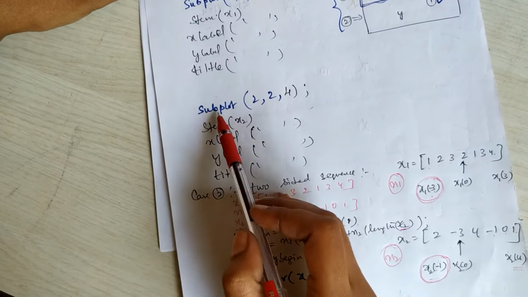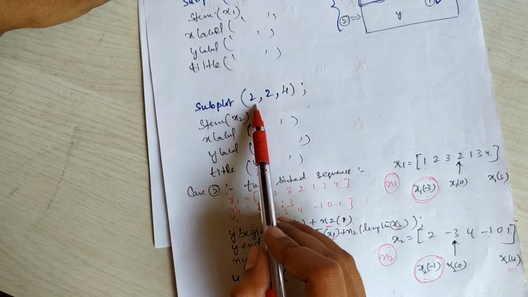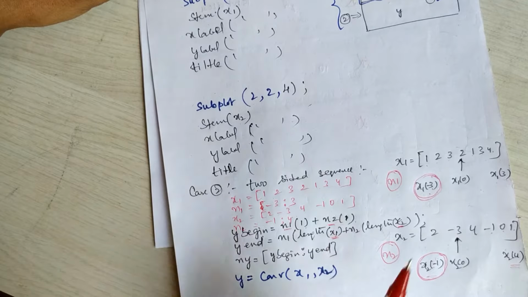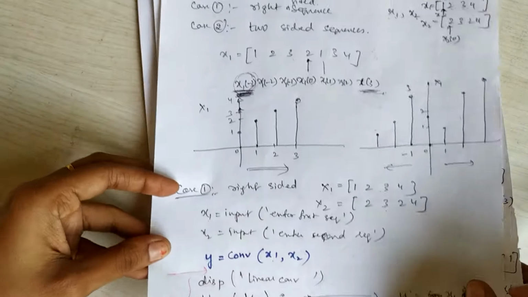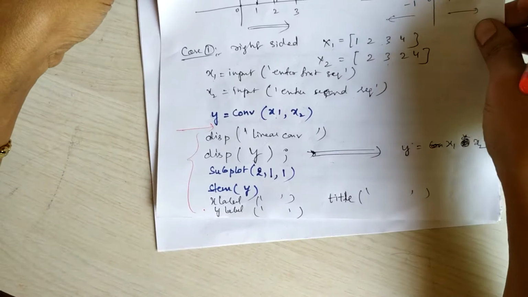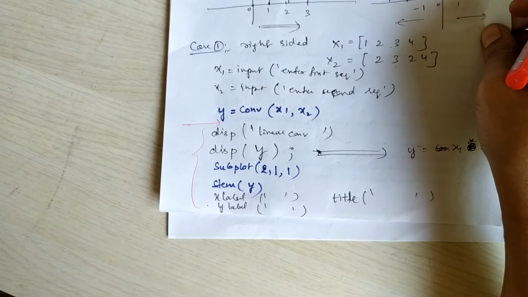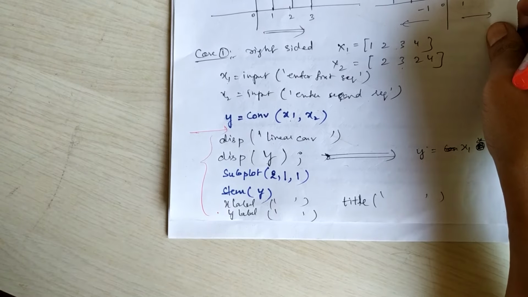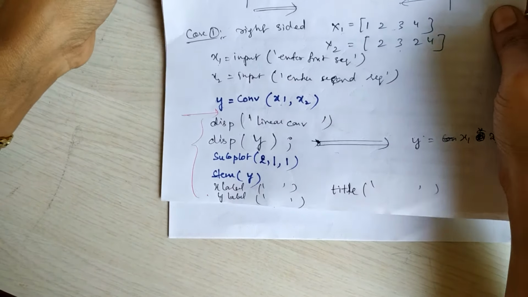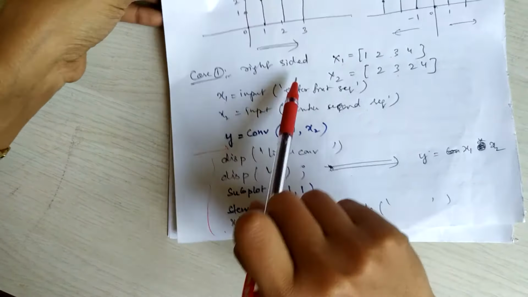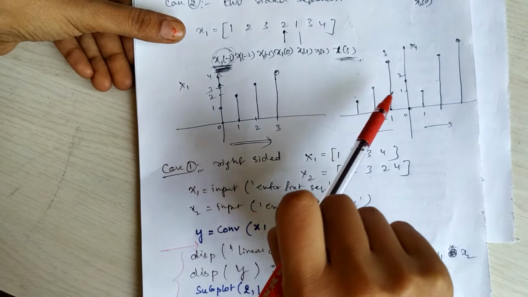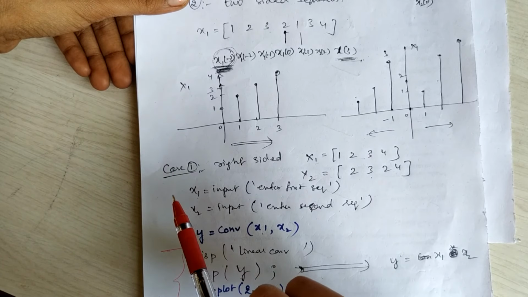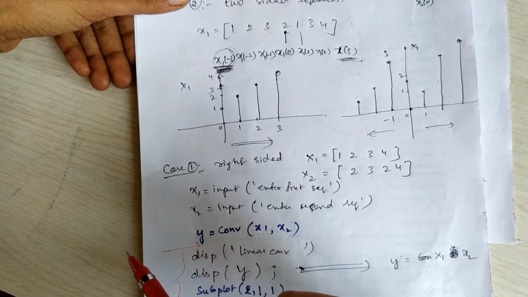Next subplot 2, 2, 4, stem value, x label, y label, and title. This is how we can perform the linear convolution for both the given sequences. Here we need to observe the values of y, which will be plotted in the form of stems. We need to solve it theoretically and confirm it with the simulated value.